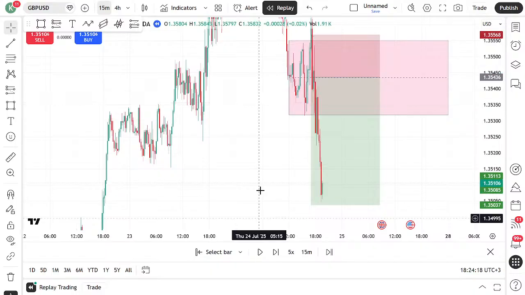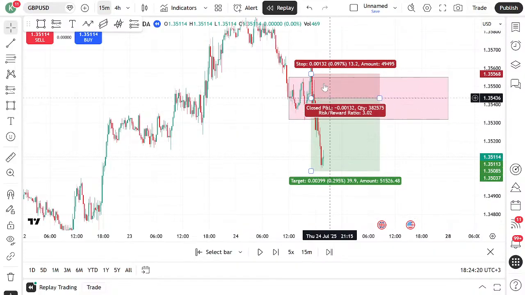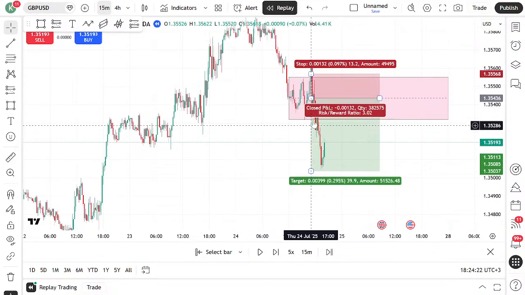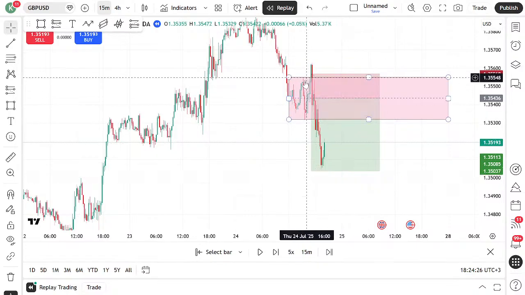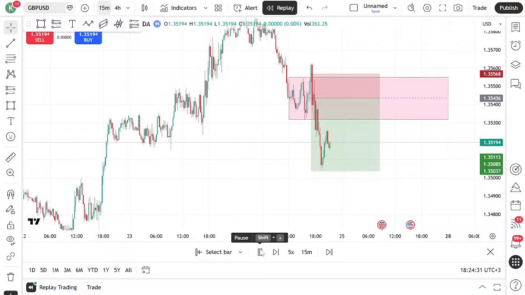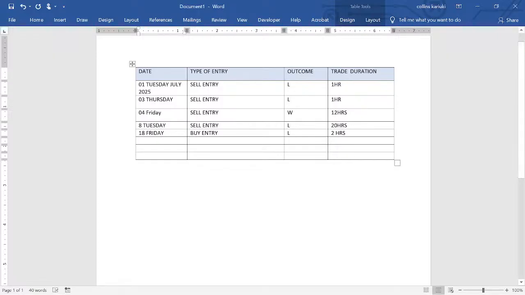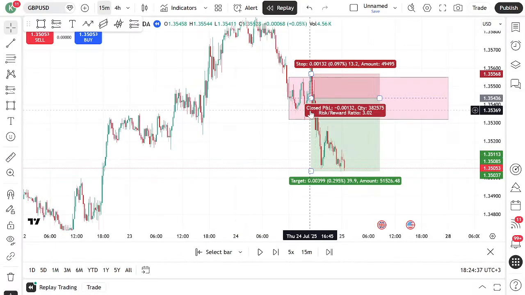So trade triggered, stop loss hit. Stop loss hit, then price reversed, and I think probably went lower to where our initial TP was here. But we have to log it as it is.